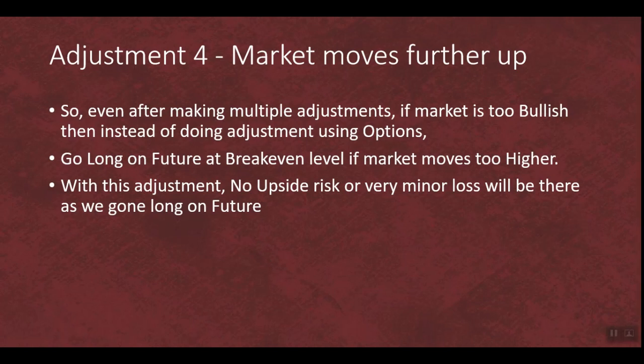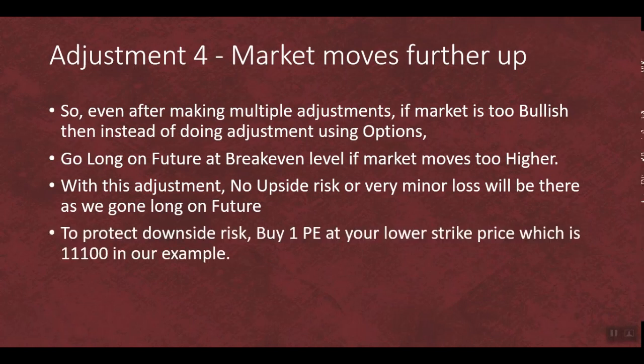If Nifty is going to breach your break even level and there is not much time left for the expiry, then it's better to go long on the future, because we don't have much time value in the options, and it's hard to get premium from any other option.